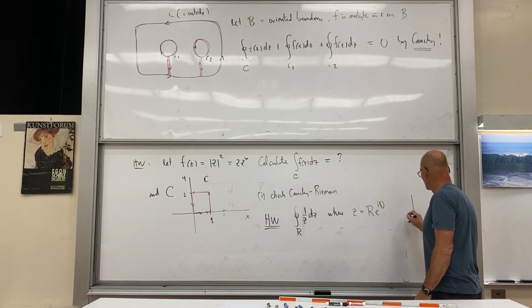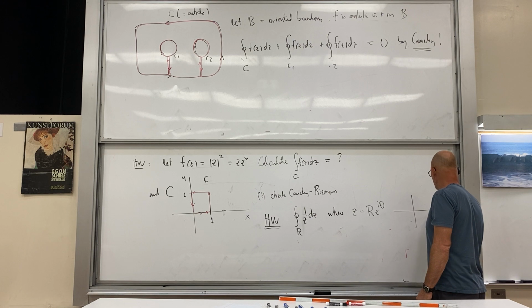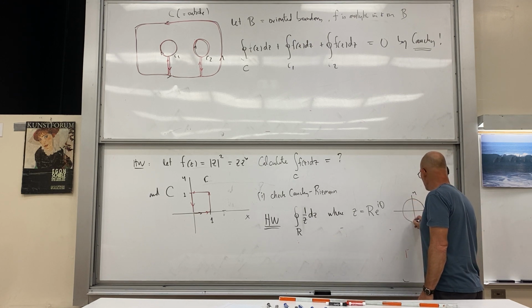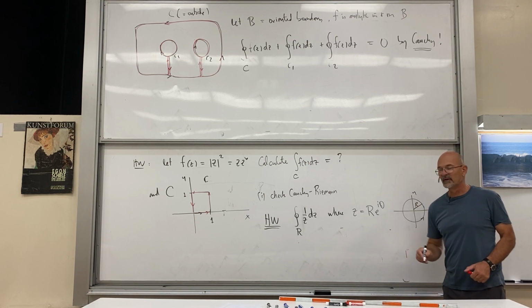In other words, your contour is the entire circle of radius r in the complex plane.